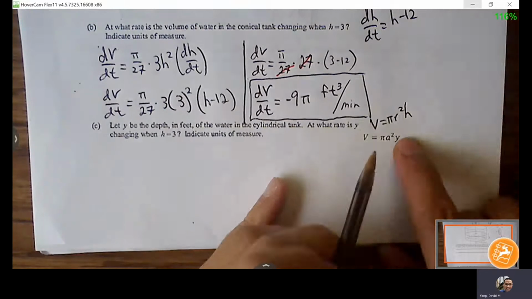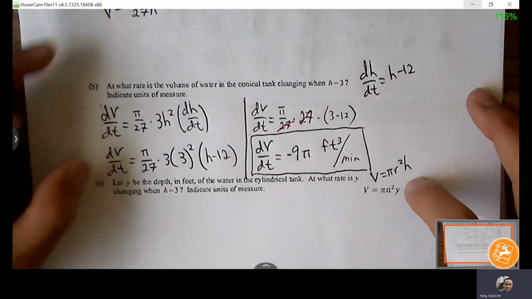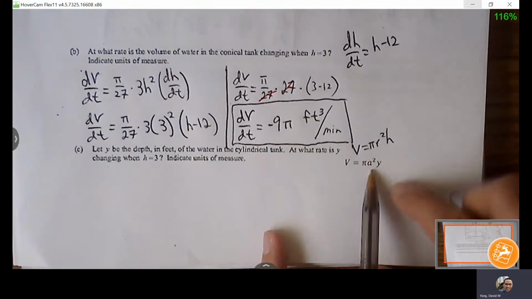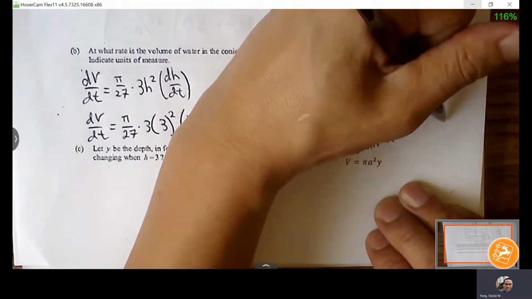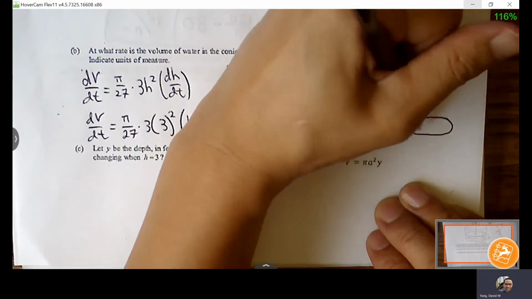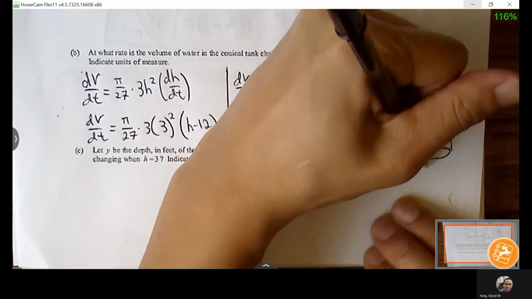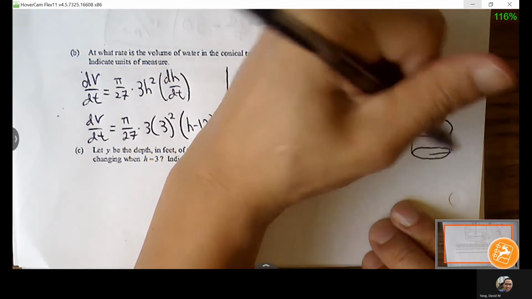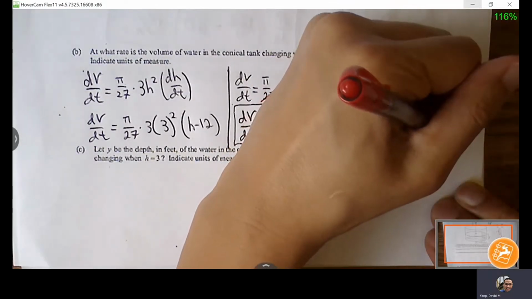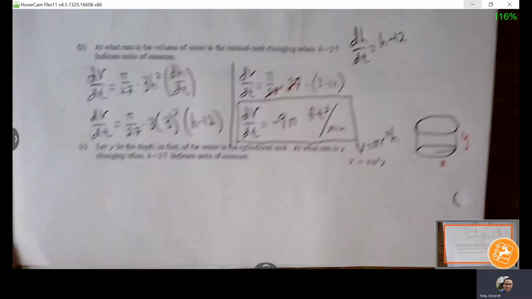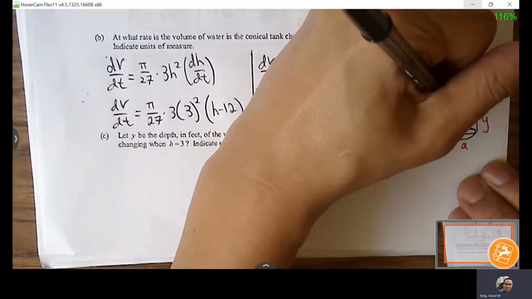But just so that we don't have a mixture of repeated variables, they're using a to represent the radius and y to represent the height of the cylinder tank. And some water level here.